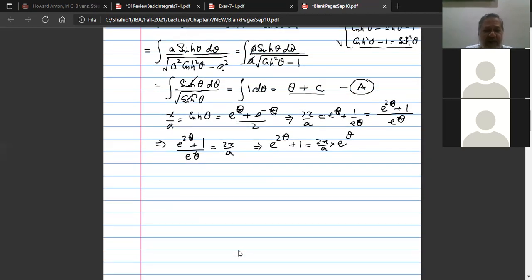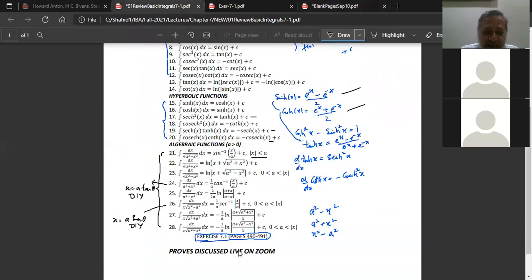You will find that this is becoming complicated. It has these substitutions and these integral formulas.